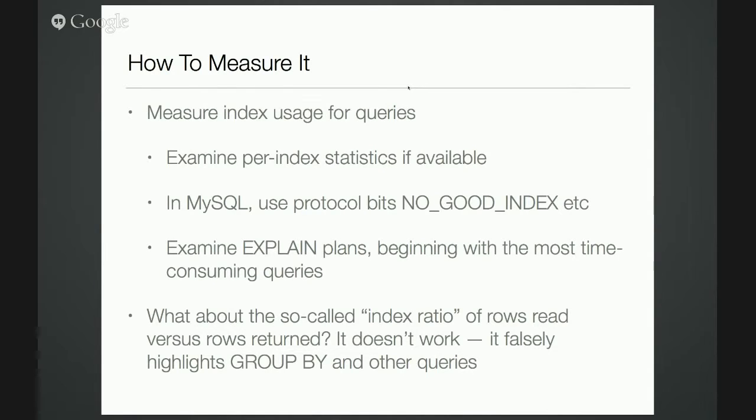Although sometimes this can highlight queries that are not accessing indexes correctly, it also highlights a lot of queries that are perfectly well written and just happen to return very few rows. For example, queries like a group by that will operate over a lot of rows and return only a few. So in my opinion, that's one of those things that's right except for the times that it's wrong, and so you shouldn't count on it.